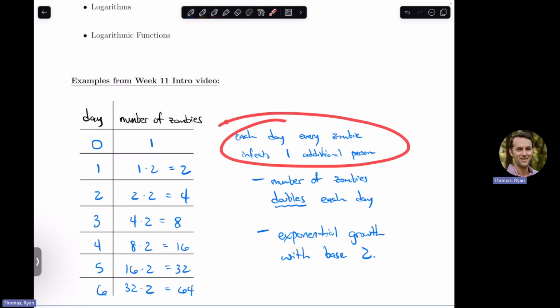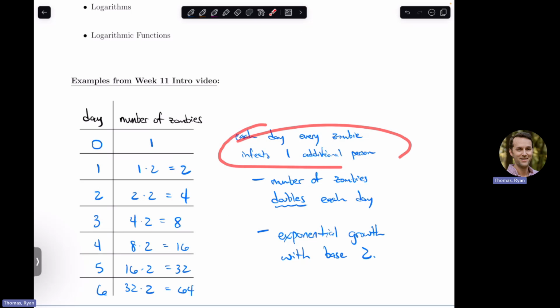So again, that's governed by this, right? The growth rate here is in this description that, if we're assuming that once a zombie, always a zombie, the zombies aren't dying or anything. But each day they go out and infect just one additional person.